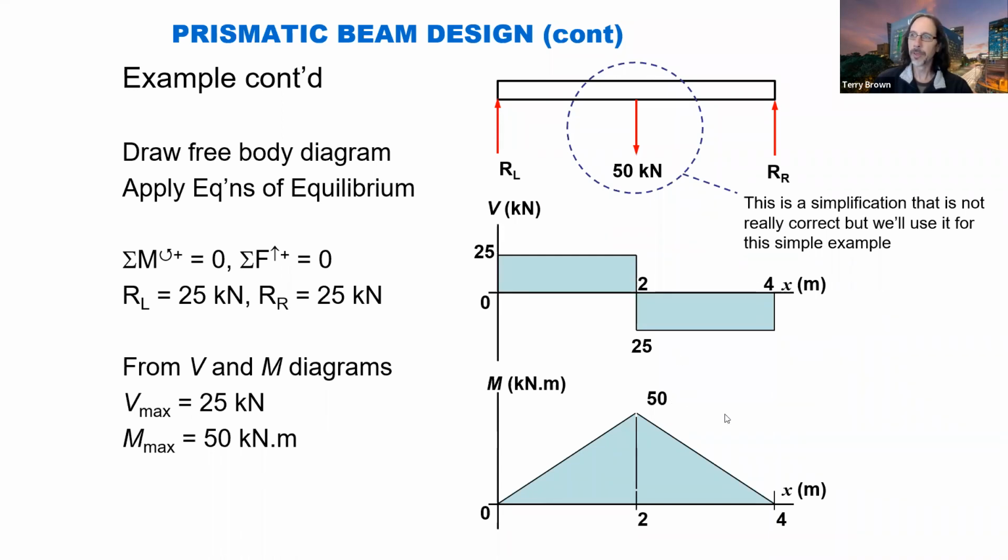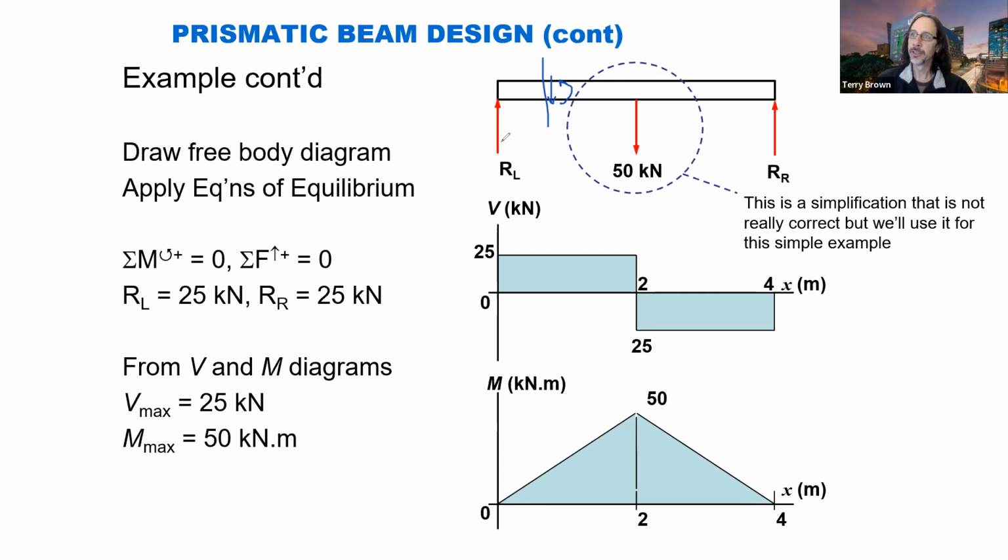Hopefully you can see where you've got those from, right? So if we do take a cut through here, then we have a shear force in here. So that's going to be a constant shear force equal to the reaction force on the left. And we've also got a bending moment.